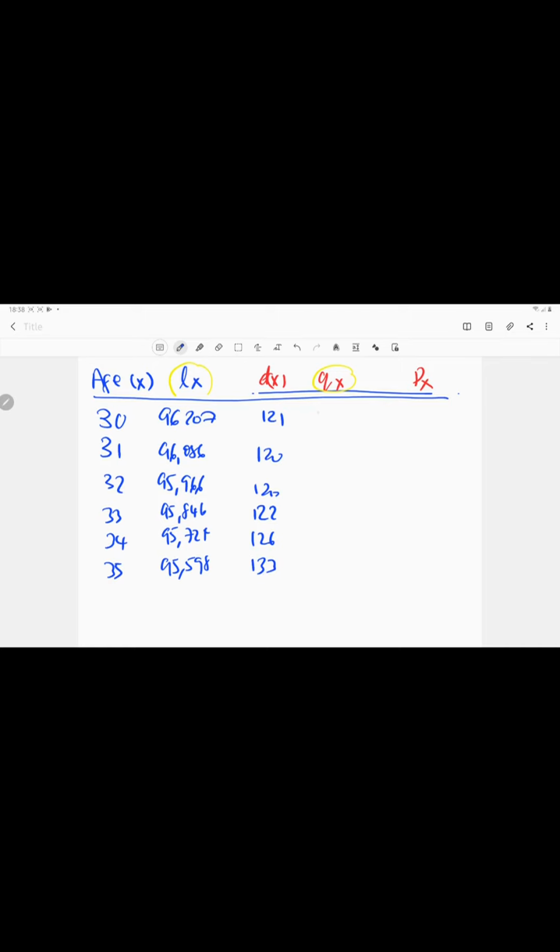And then the probability of dying in this case was 0.0126, and this was 0.0139, and this is 0.00132. Here again I've got two zeros, and here 0.00127, 0.00125, and 0.00125. So these are the parts.